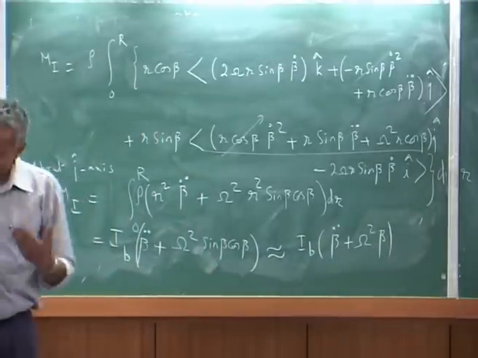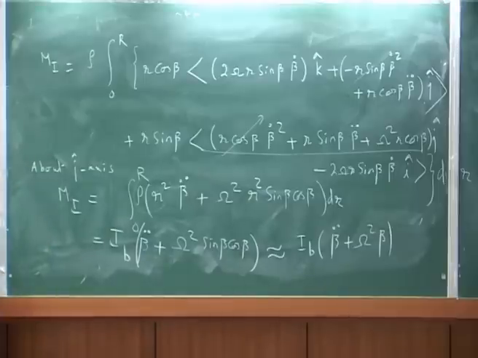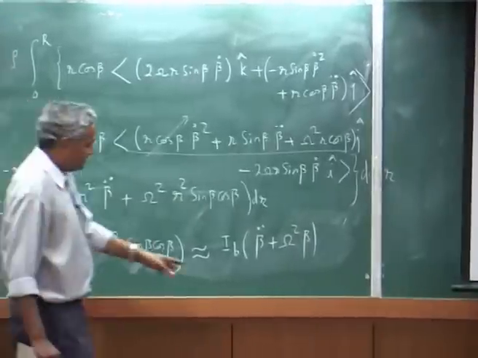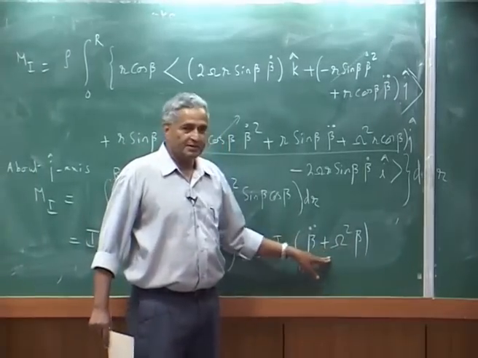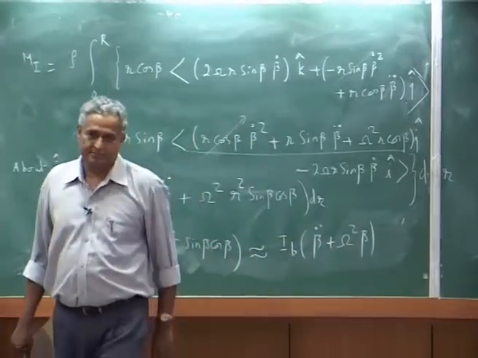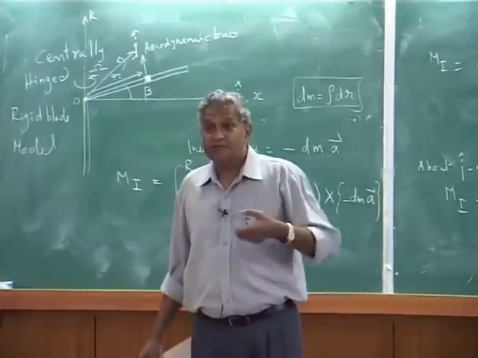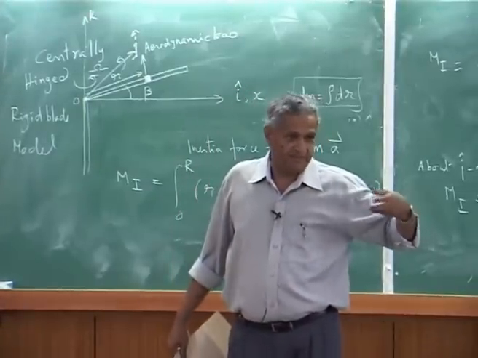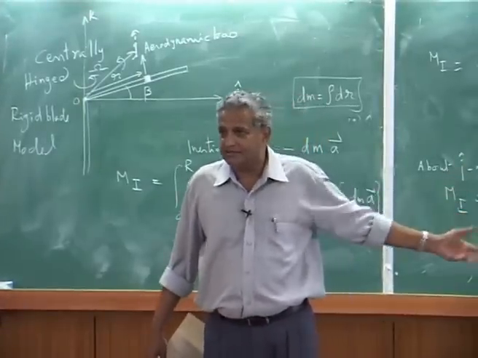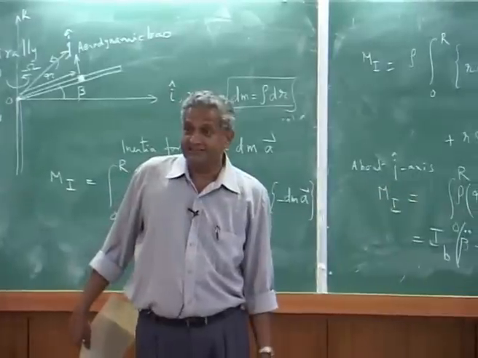This will be in a similar form. This particular term is due to rotor RPM. You call it centrifugal stiffening, because if omega is 0, then that term is not there. Then the blade will simply come down like this.